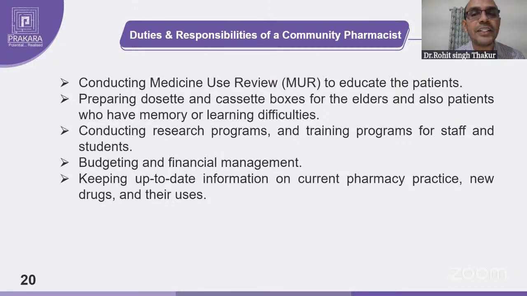Some are for the elderly population, some are for patients, very commonly geriatric or pediatric patients who have memory or learning difficulties, so such dosette and cassette boxes can be incorporated. Evaluating and conducting research programs are also an integral part of community pharmacists, where you can train your own staff. You can also train students at other levels in these roles and responsibilities.